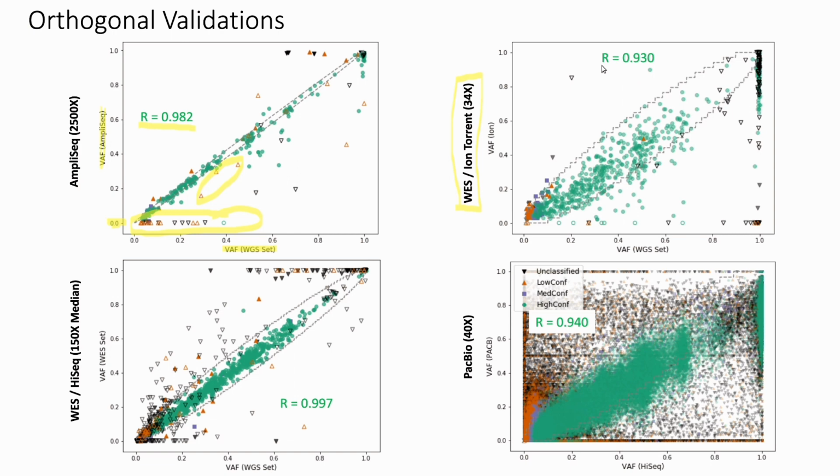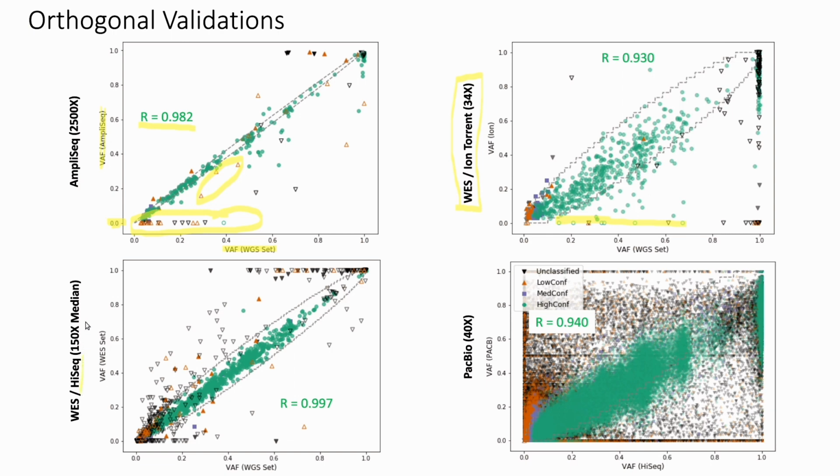There are a number of high conf calls at the bottom. Those are due to very low depth in the validation platform, such that their variant read was not discovered in the Ion Torrent data. The figure on the lower left is also whole exome sequencing, but on HiSeq.